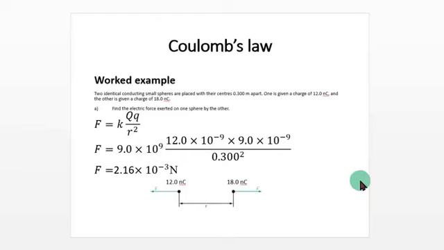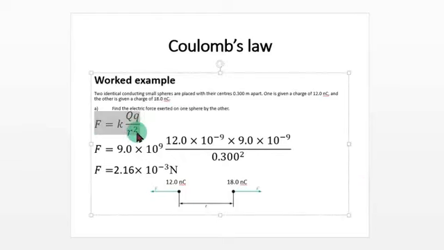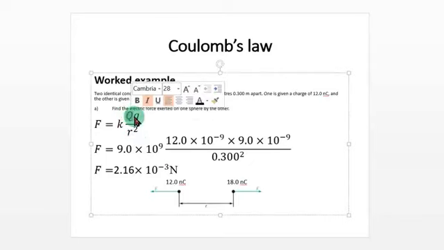Let's see what happens. First of all, you can write the formula that applies. So we have one charge multiplied by another charge divided by the square of the distance separating them. Let's put everything in. The constant is here 9.0 by 10 to the power 9 multiplied by the first charge, which is 12 nanocoulomb.